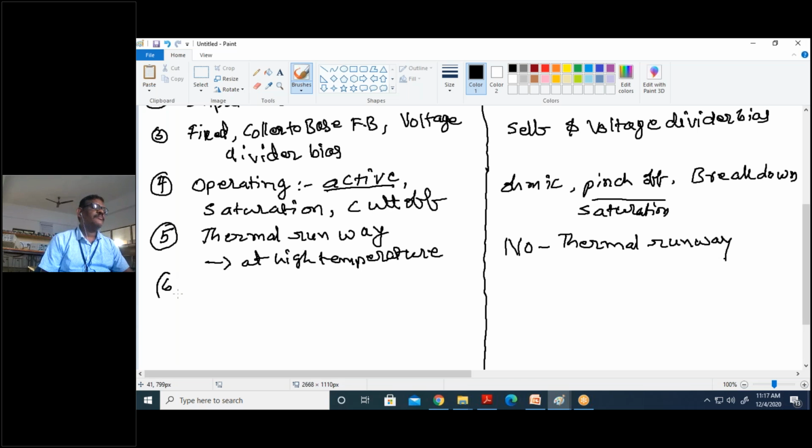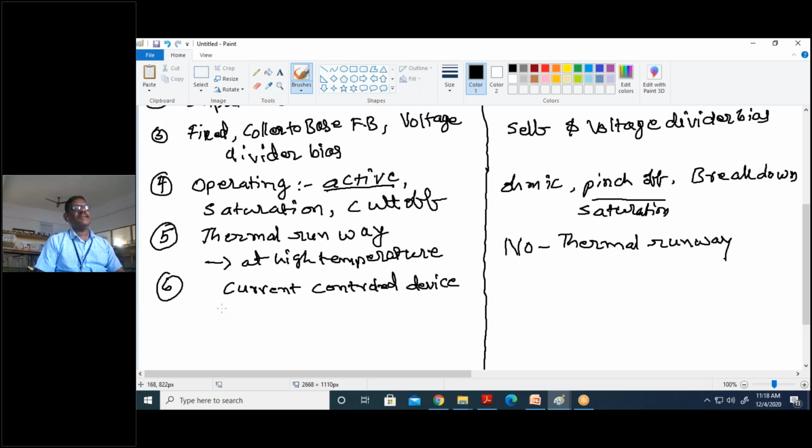Sixth point, type of device. BJT acts as a current controlled device, because the collector current every time depends on the base current, or the output current depends on the input current.